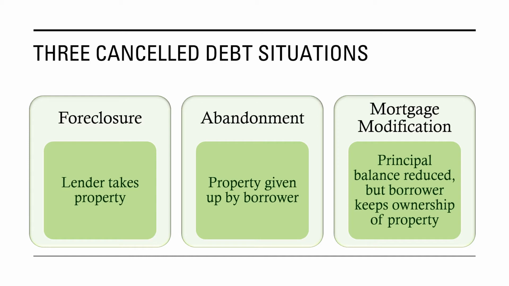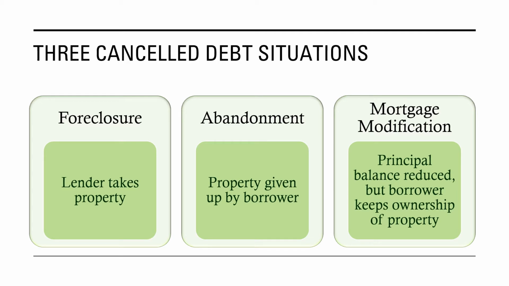And we're going to talk about three types of canceled debt situations. However, the foreclosure and abandonment, we're going to bundle those together because they get similar treatment in tax. And then there's a mortgage modification. So with a foreclosure, the lender is taking the property back from the owner.